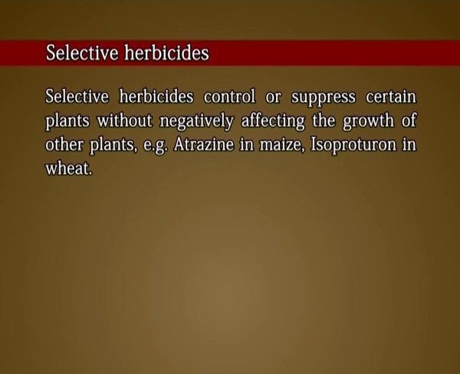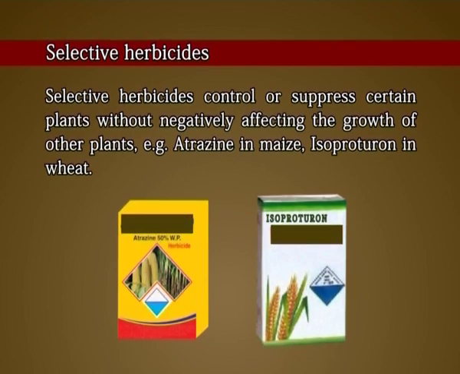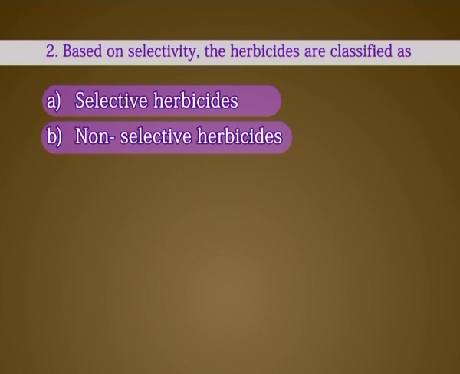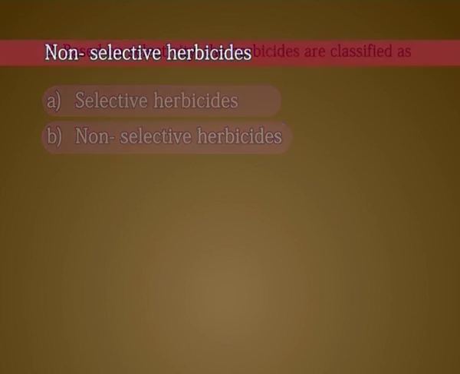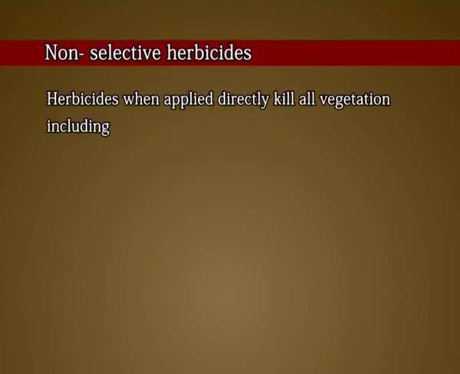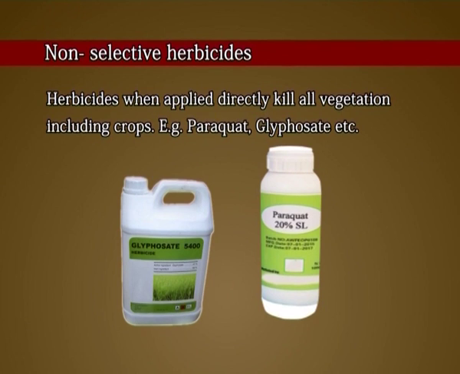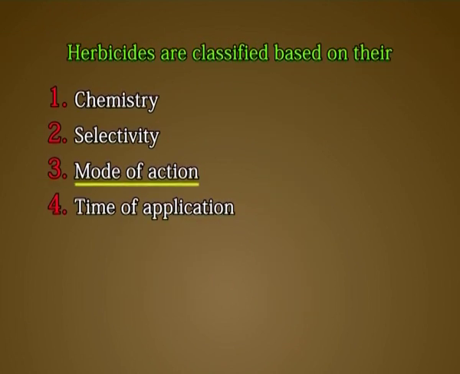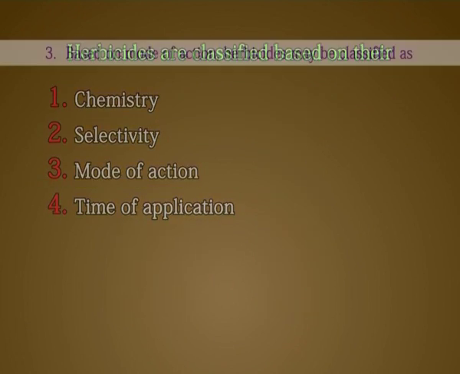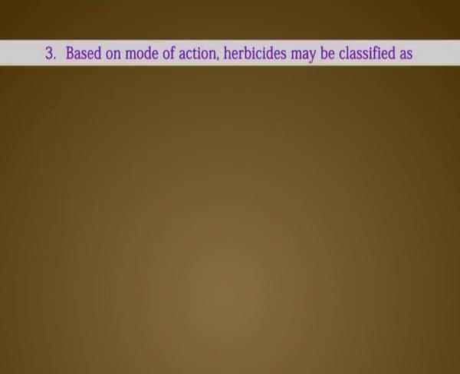Example, atrazine in maize, isoproturon in wheat. Number 2, non-selective herbicides. Herbicides, when applied directly, kill all vegetation including crops. Example, paraquat, glyphosate, etc.